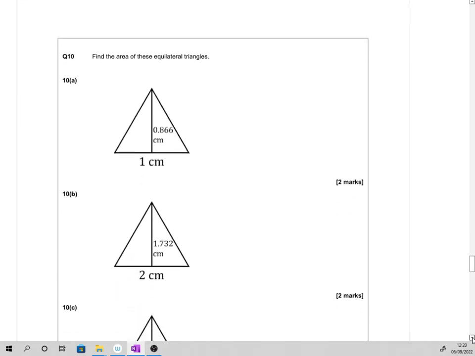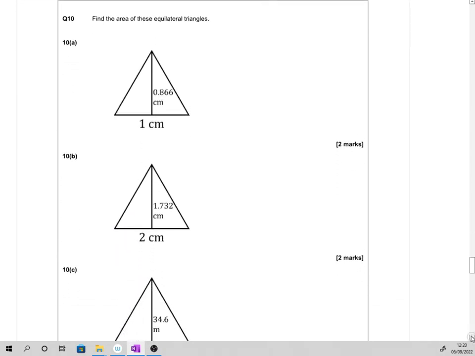Ooh, triangles. Right. Area of these equilateral triangles. Well, the area of a triangle equals half times the base times the height. So this one is a half times 1 times 0.866.